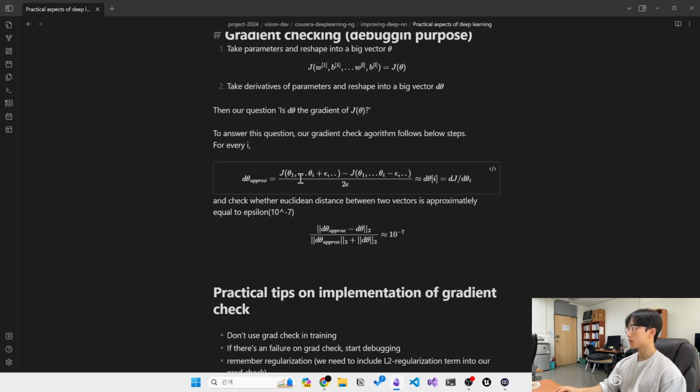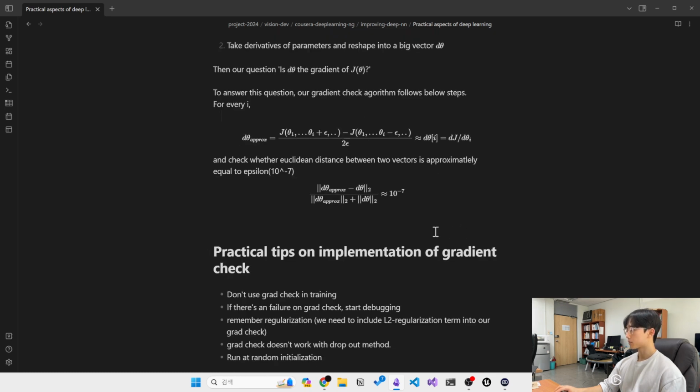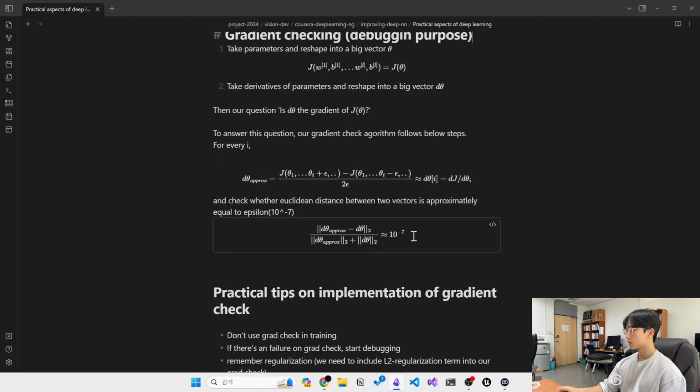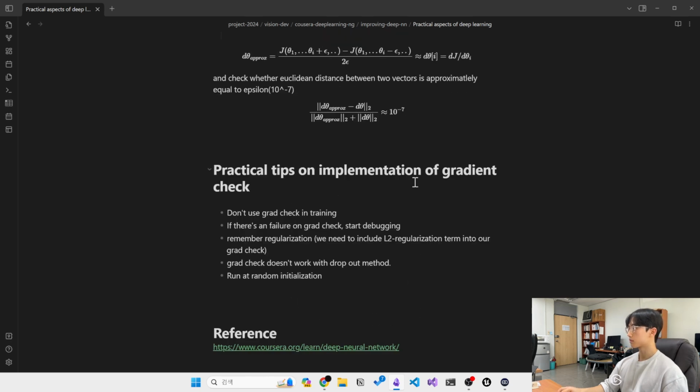And as I mentioned, we can use an approximation here, and we compare it with the true value of theta i. And to determine whether our approximation has the right value or not, we can follow this Euclidean norm distance and compare it with epsilon. And these are particular tips on implementation. So this is the end of today's recording, and thanks for watching.